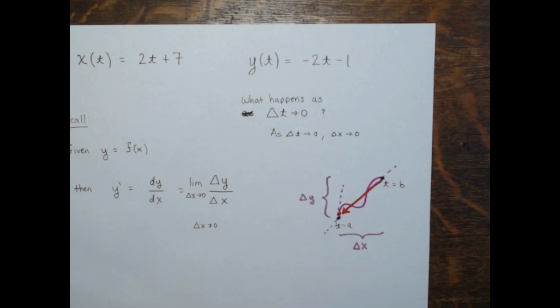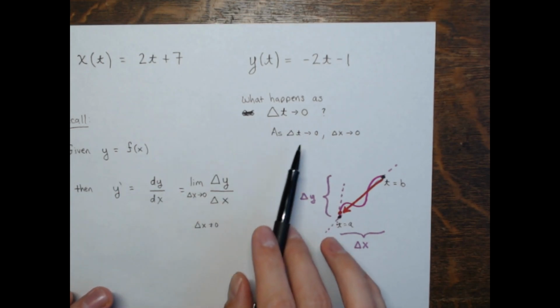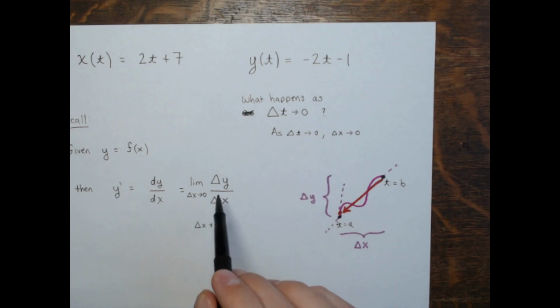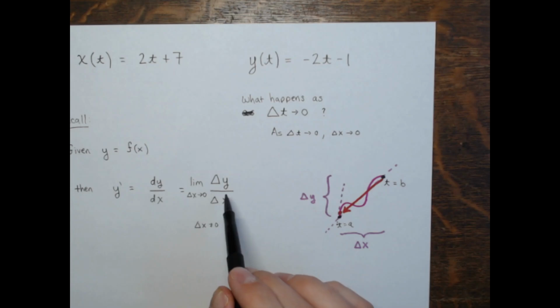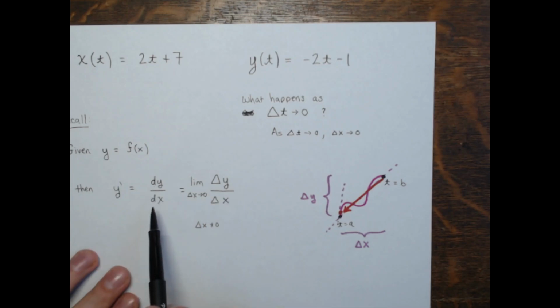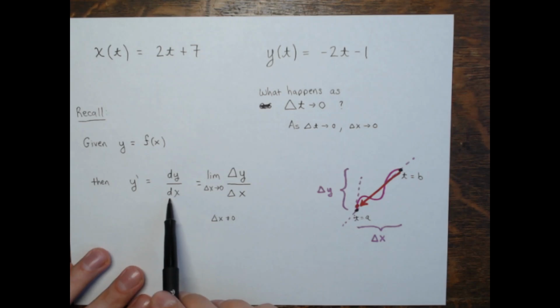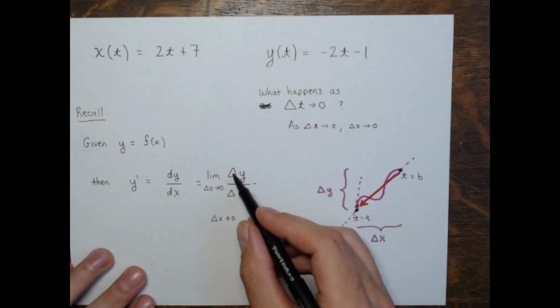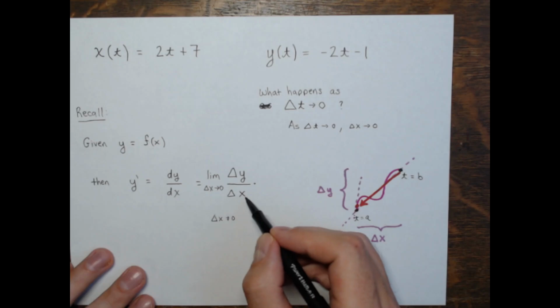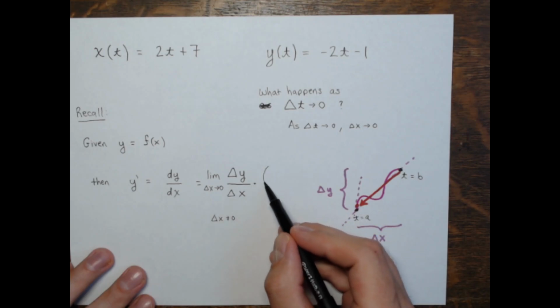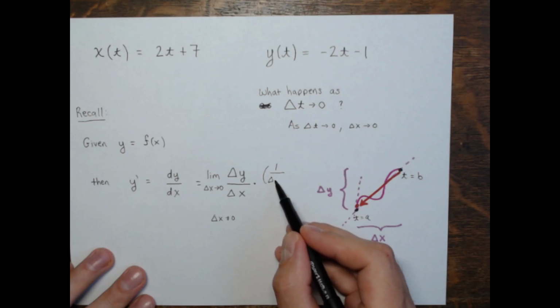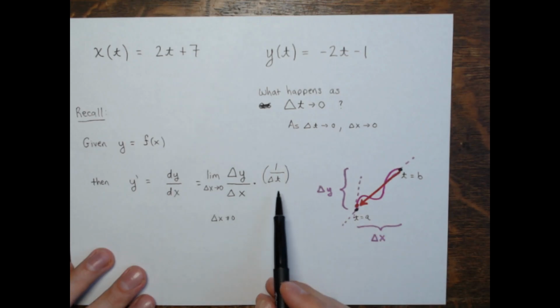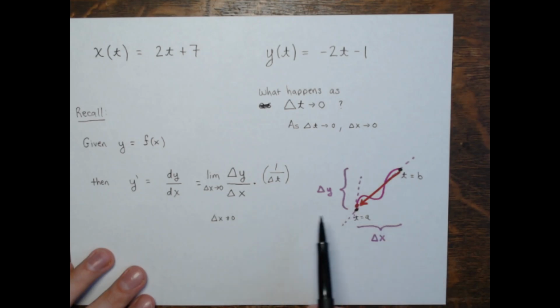differentiable as well. Now, that's going to help me incorporate delta t into this expression here. So we had dy over dx, the derivative, the slope of a tangent line. I can multiply this expression here, delta y over delta x, by 1 over delta t, because again, the change in t is not 0 if we have some non-zero change in x.